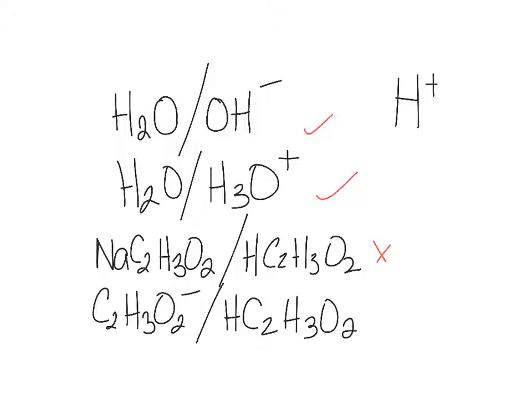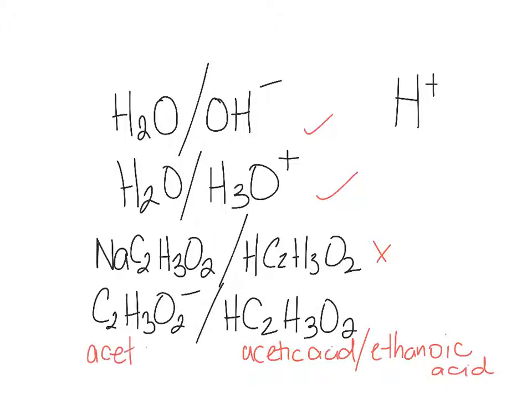But how about this one? Is that a conjugate acid-base pair? Yes. Do you know what they're called? That's acetic acid, or ethanoic acid because it has two carbons. And this is called the acetate ion, or the ethanoate ion.